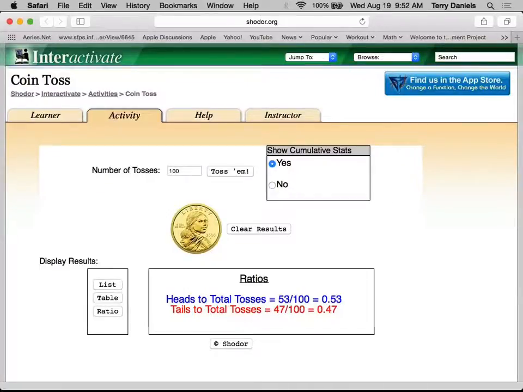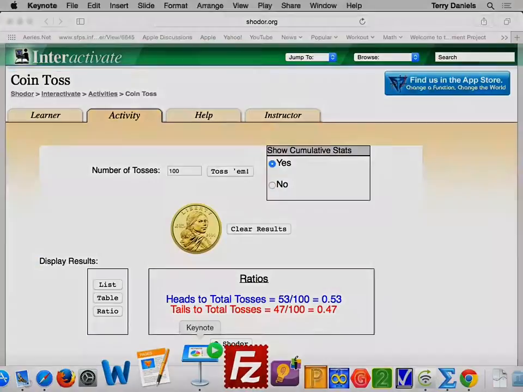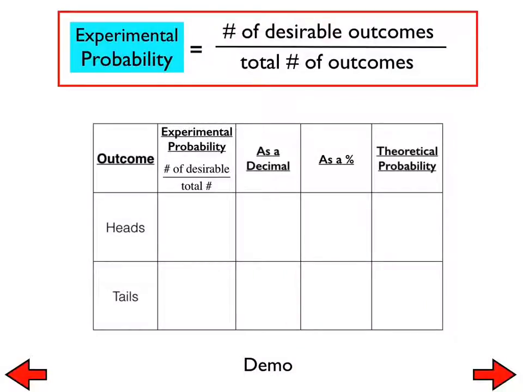All right, I have to get off of this screen, so I'll need some of you in case I forget what that just said. How many times did it land on heads? Was that 53? Yeah. Okay, so obviously you should be writing 53 over 100, which is 0.53. And that is 53%.